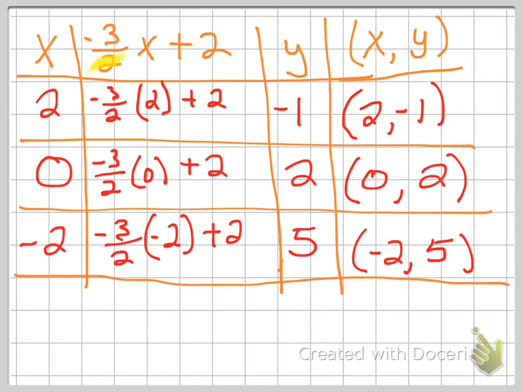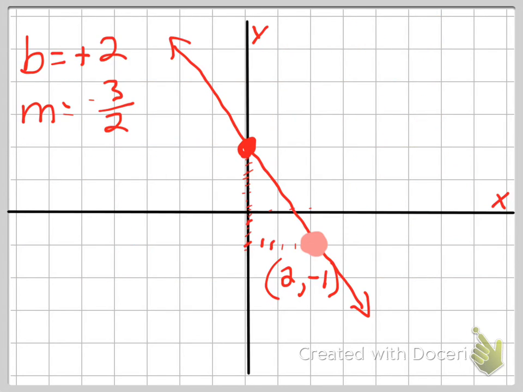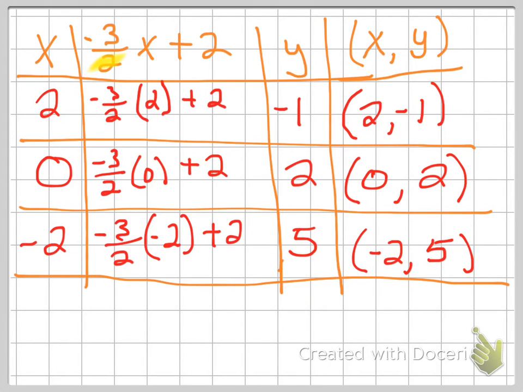Alright, let's see what else we have. We have 0, 2. I don't need to crawl anywhere. I just need to climb. 0, 2. Oh, my goodness. This guy's on fire. So there's 2 points. So we're finding points that exist on this line. Let's see if we can get the last one to work.